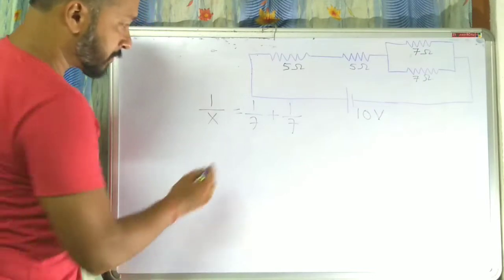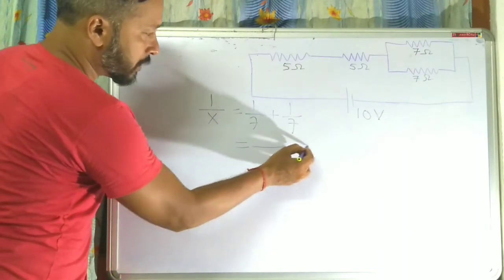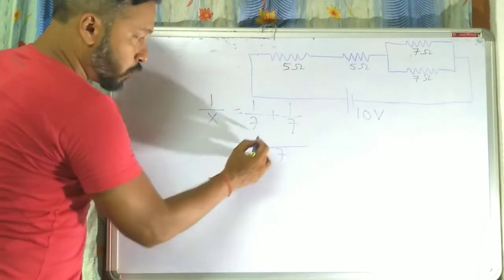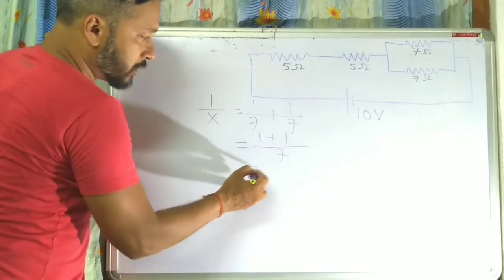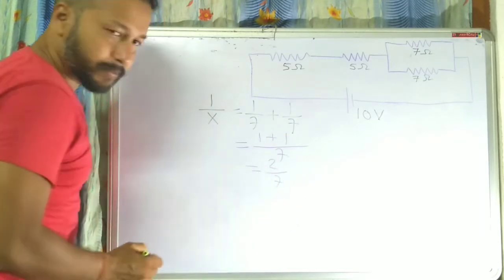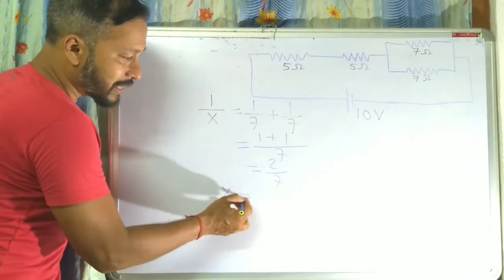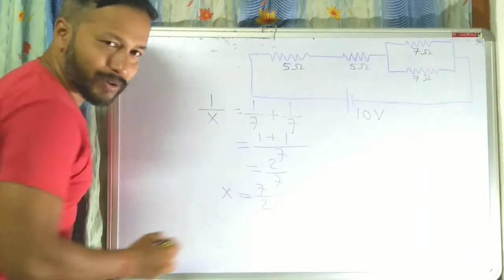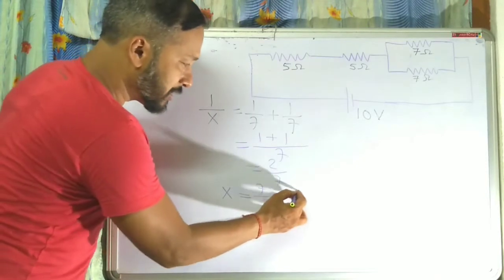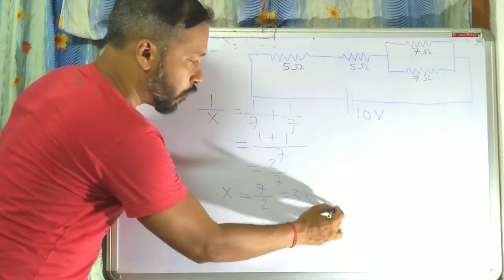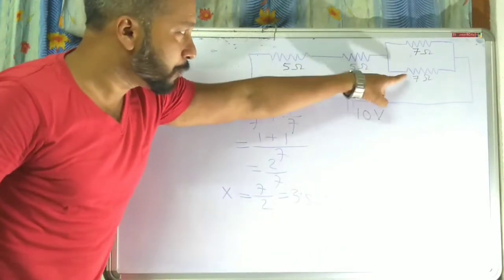LCM 7, 1 plus 1, 2 by 7. So 1 by x is 2 by 7. What is x? 7 by 2, that is 3.5 ohm.